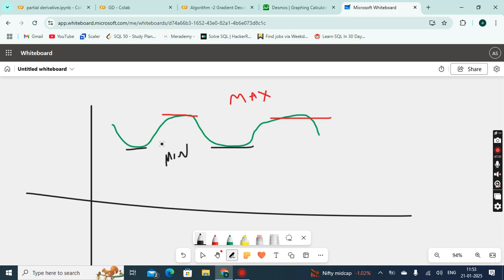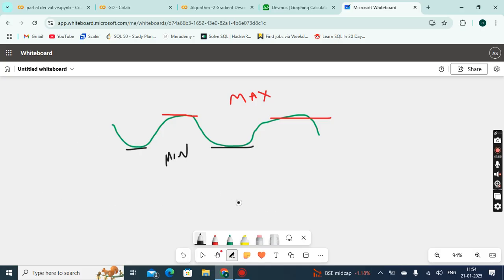Consider this is a graph, so the above y would definitely be higher than the below y. So y1, y2, you can obviously say that y2 is greater than y1. Now you have understood what is maxima and minima, in simple terms.